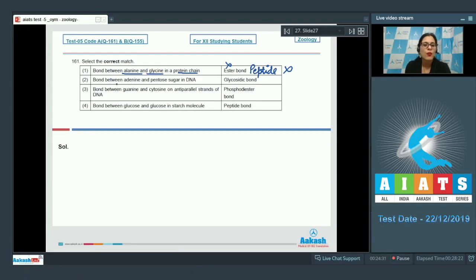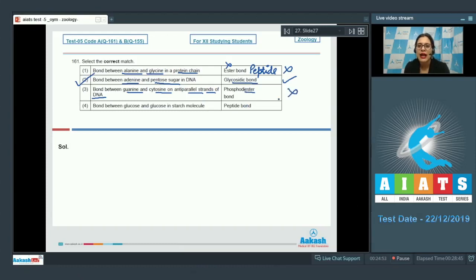The next match is bond between adenine and pentose sugar in DNA, and the bond given is glycosidic bond. As it is a correct match, this is a correct answer to our question. The next match is bond between guanine and cytosine on anti-parallel strands of DNA, and the bond given is phosphodiester bond.